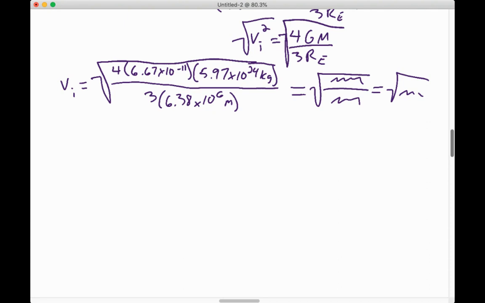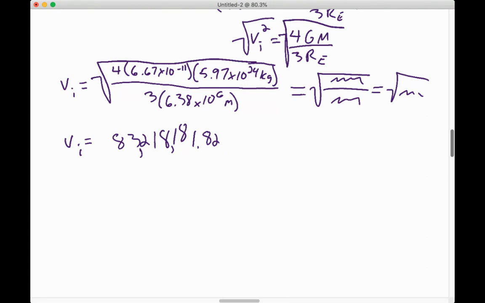So if I do all that, let me show you the intermediate step I have here. V initial is equal to 832.1818... Is this my answer? No, this cannot be my answer. This number is way too fast. That's not going to work.